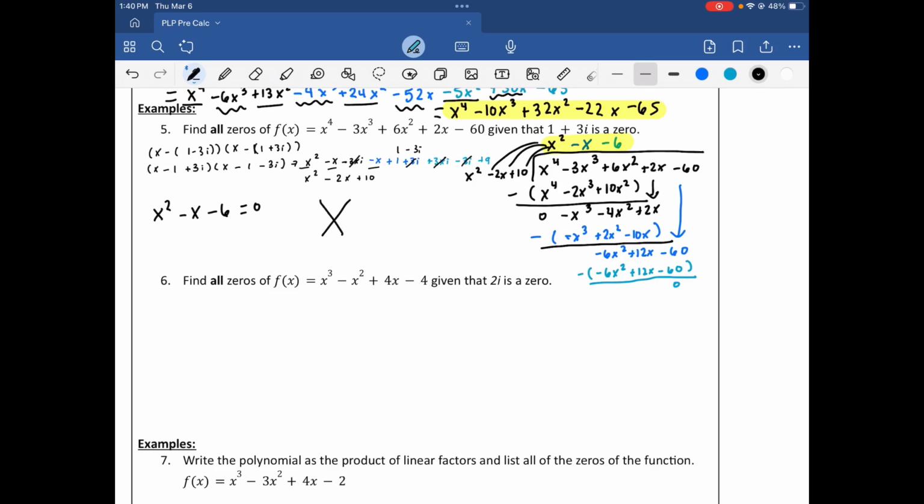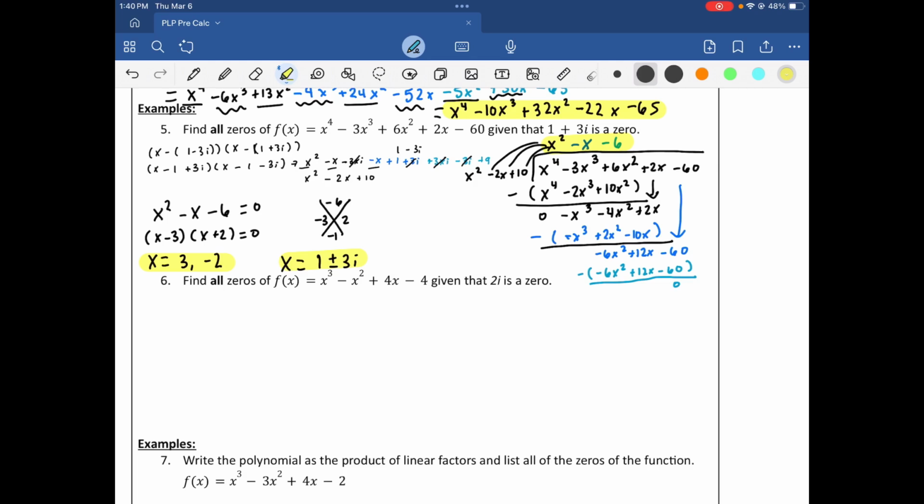I can factor that one, two numbers that multiply to negative 6 and add to negative 1. It's going to be negative 3 and 2. So my x's are 3, negative 2. And then also we have x's of 1 plus and minus 3i from the given situation.